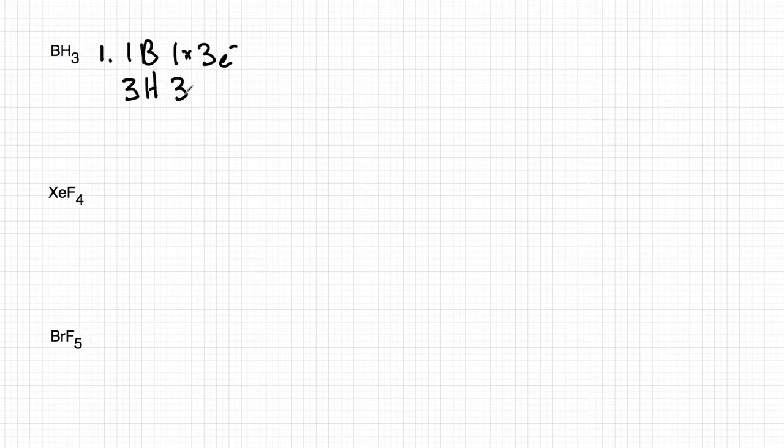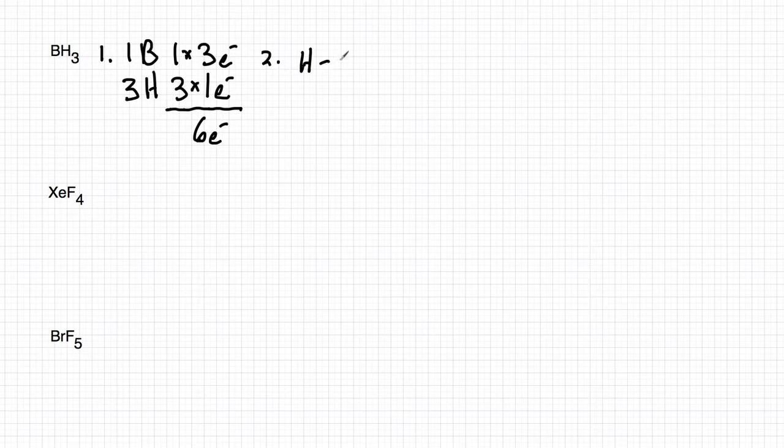And so that's going to be 3 times 1 electron. And so when I add all these up together, I get 6 electrons. Well, I already know there's going to be trouble in River City because I don't have 8, and it's hard to give an octet if you only have 6.